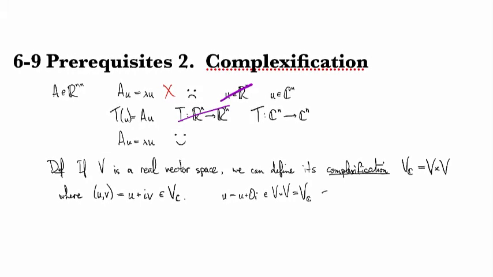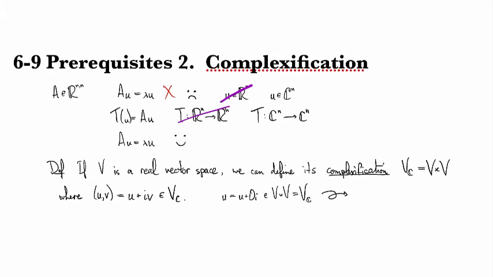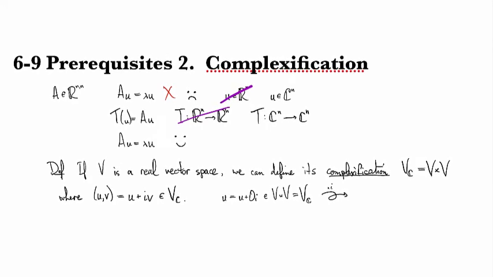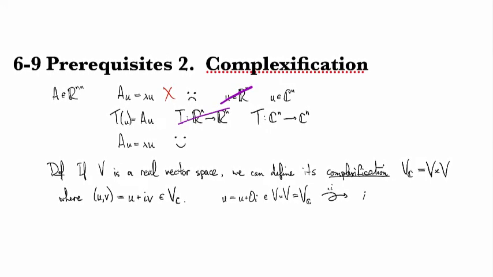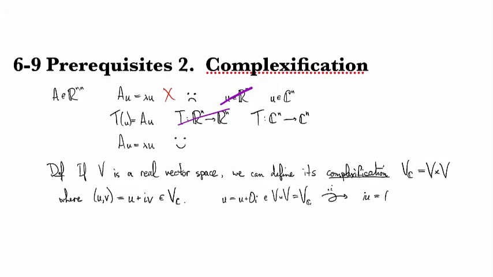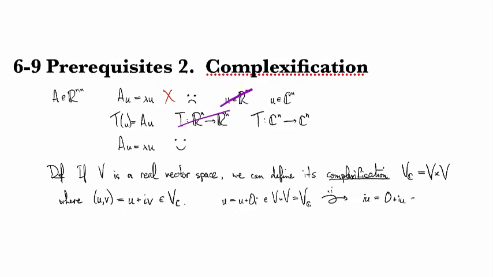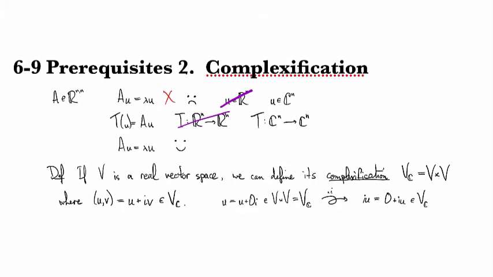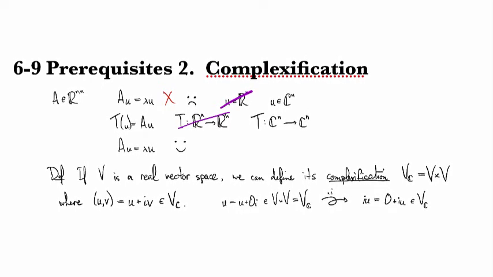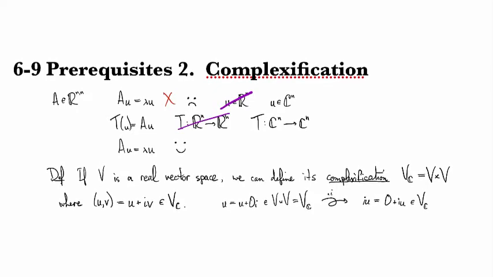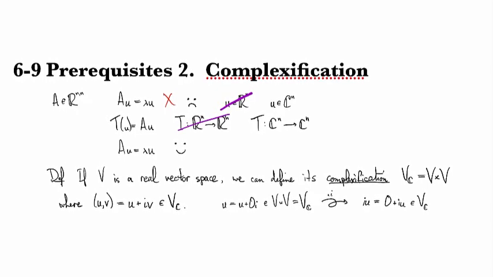But if I multiply by the scalar i, then I end up with iu, which is 0 + iu, which is still in V_C, but now it has the first coordinate equal to 0.